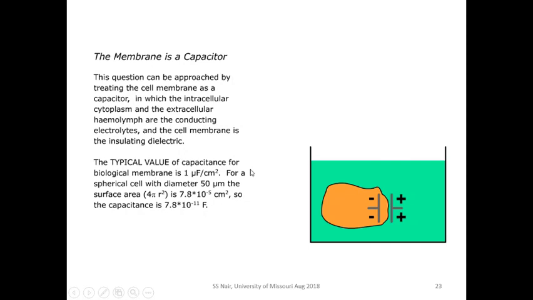A typical value for capacitance for a biological membrane is 1 microfarad per centimeter squared. So for a spherical cell with diameter 50 microns, that's typically the diameter of your neuron in our brain, the surface area can be calculated using these numbers, and then the capacitance can be calculated this way with the area added.